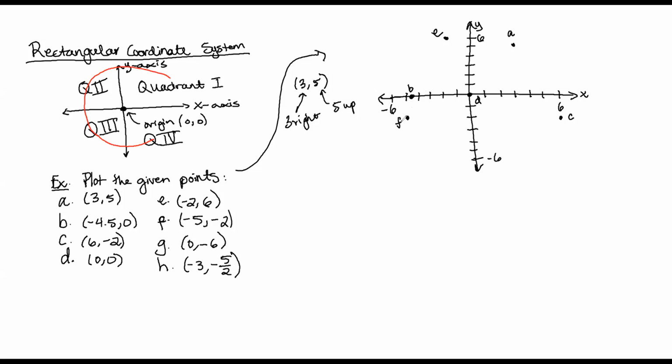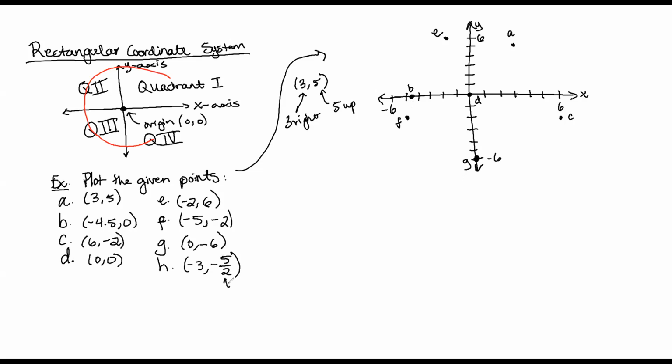Point G is 0, negative 6. So left or right 0, and then down 6. So we're on the y-axis. That's G. And then H is negative 3, negative 5 halves. So left 3, but then negative 5 halves.